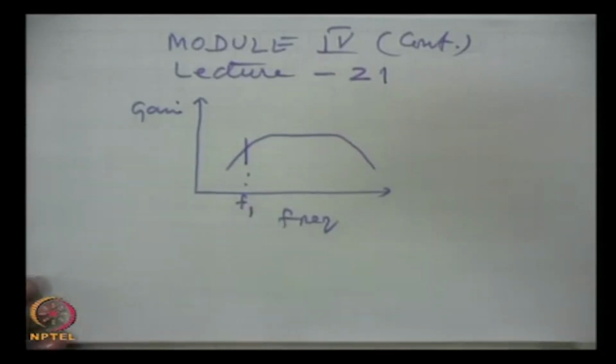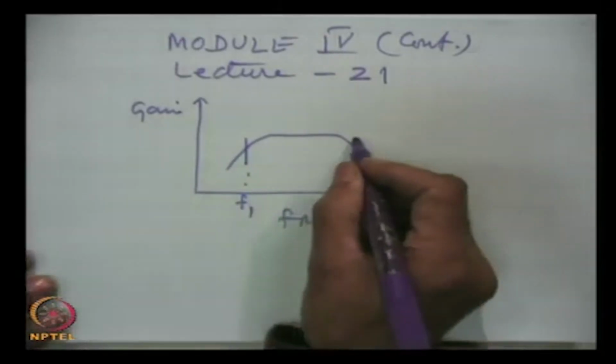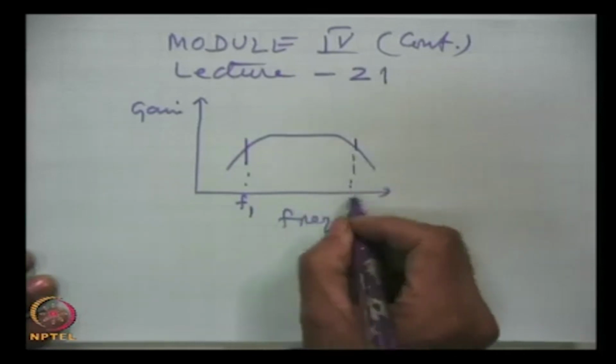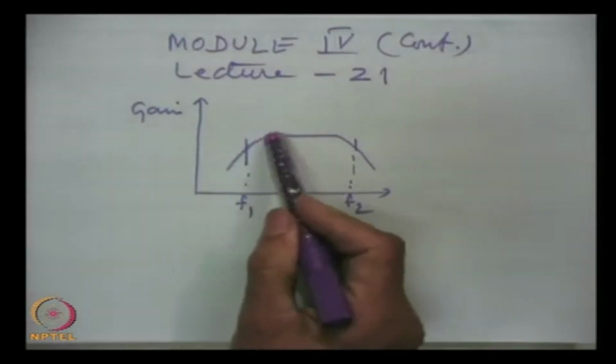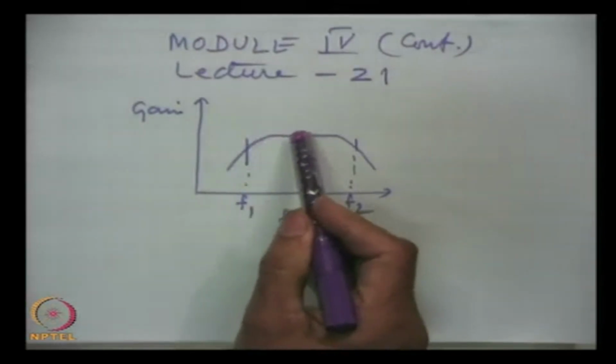Similarly, we discussed that for the upper cutoff, the coupling capacitors and bypass capacitors are not responsible; they have no role to play. Beyond these frequencies, they behave like a short.